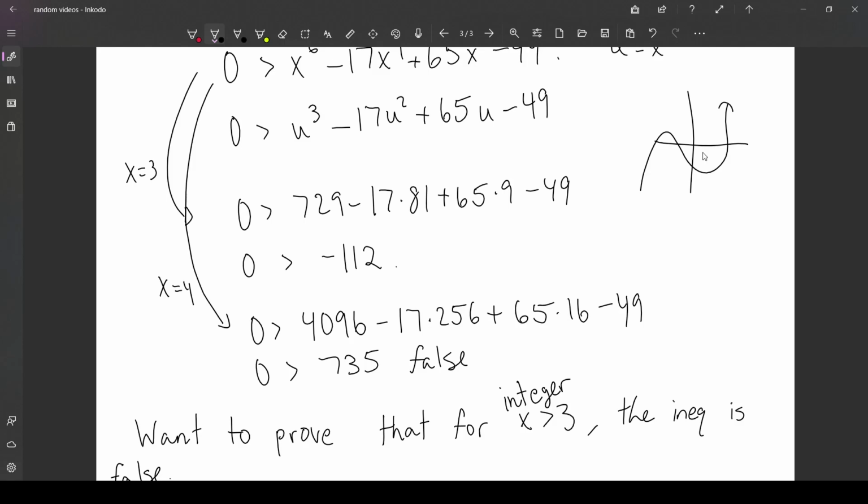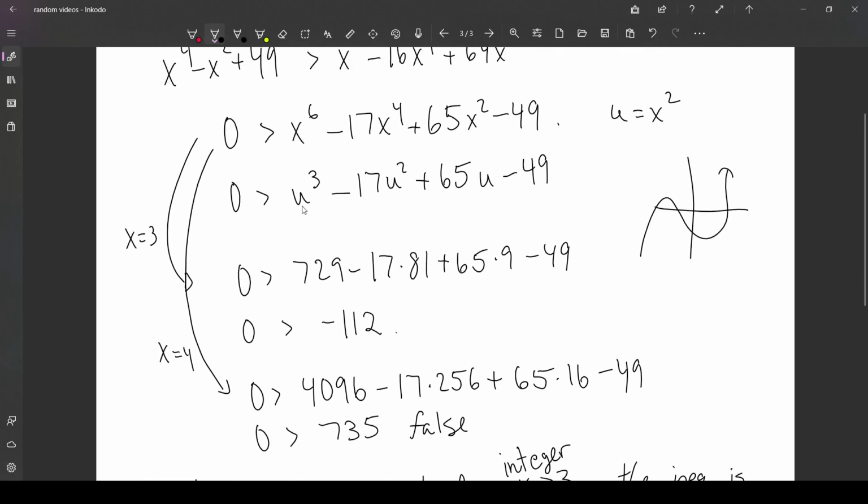Well, again, having this graph of an arbitrary cubic in mind, if we want to think about the cubic, then we should think u equals 9, right? So at u equals 9, let's say that's over here, we have a negative number. And at u equals 16, we have a positive number. So we want to show that the function is increasing and will stay increasing.